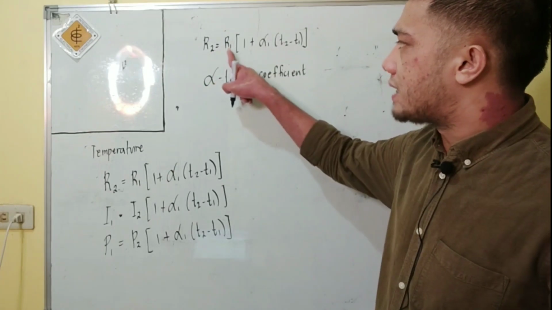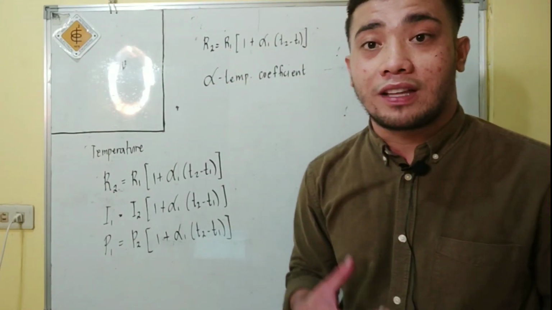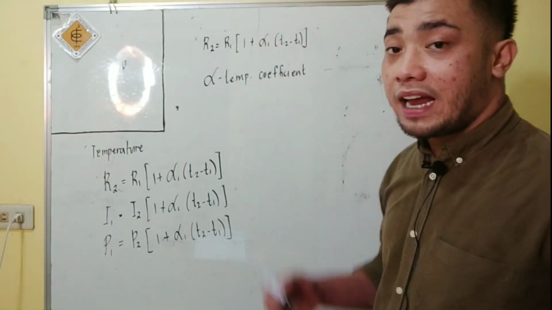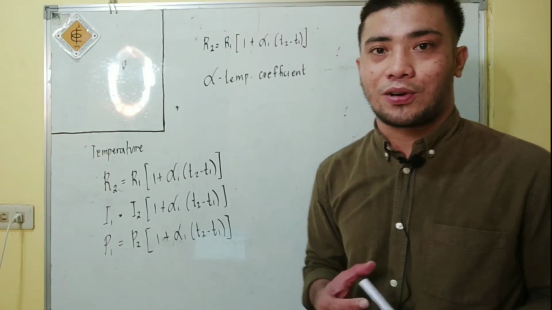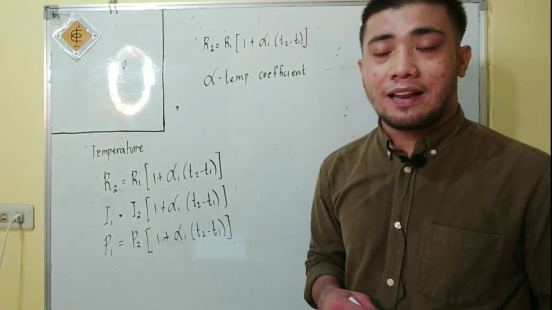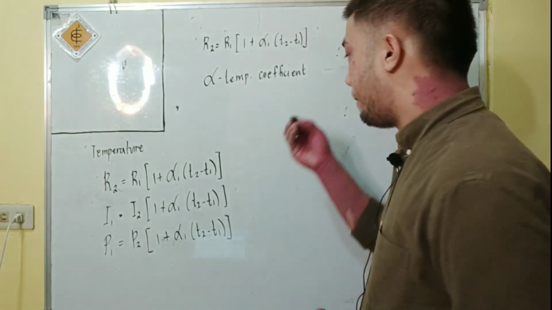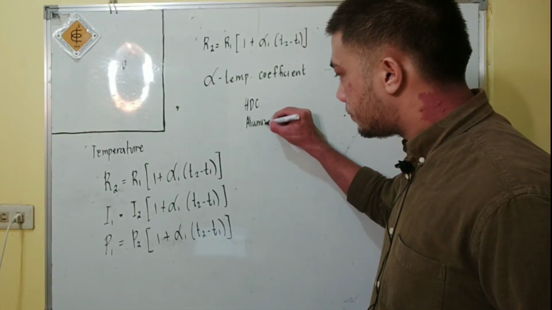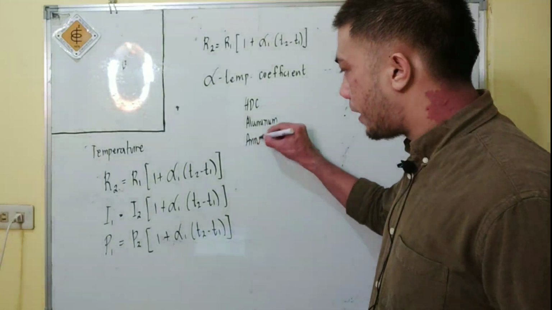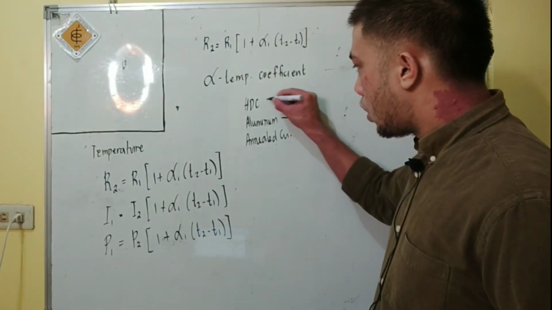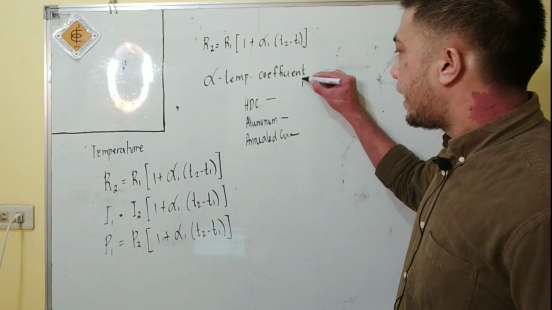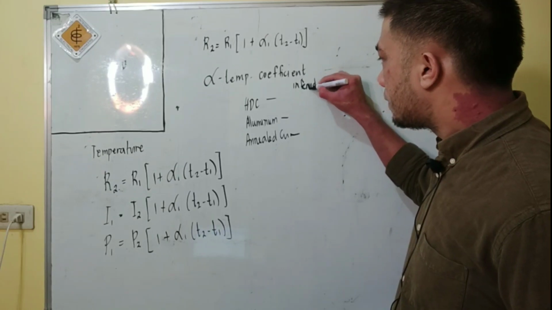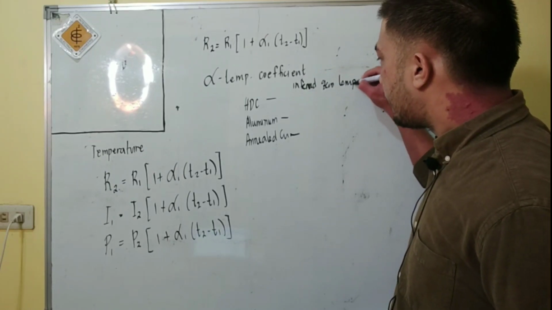What is this subscript 2 and subscript 1? That is basically the value of the temperatures or the temperatures itself. For the temperature coefficient, let us again remember the three most commonly used conductors: the hard-drawn copper, the aluminum, and the annealed copper. For these, we have the so-called inferred zero temperature.